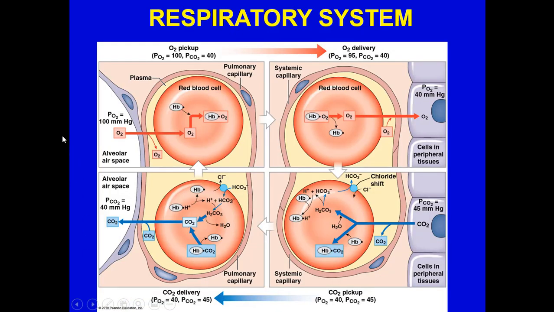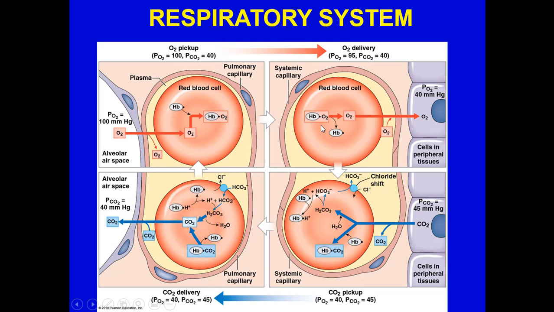And you can see what's happening here in this diagram for oxygen pickup and oxygen delivery. This is basically the external respiration. Here's the internal respiration. So you're in the pulmonary capillary here. You pick up oxygen. Oxygen binds to hemoglobin. Nicely done.